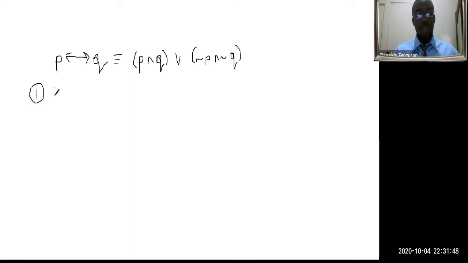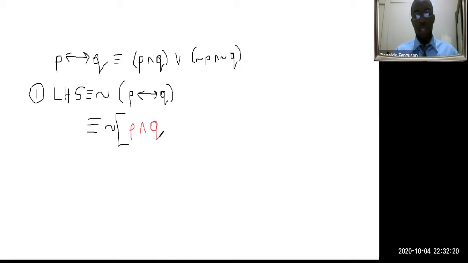This is the proof. So now the left-hand side that we have, LHS means left-hand side, is logically equivalent to the negation of P if and only if Q. Now the negation of P if and only if Q is logically equivalent to the negation of, now we just said that P if and only if Q is this statement right here, so it's the negation of P and Q or not P and not Q. So I'm making a substitution for this statement right here.